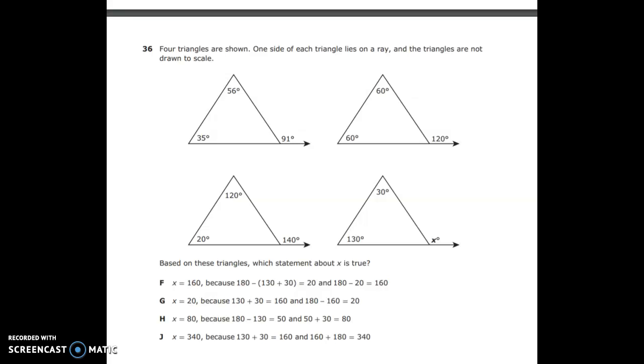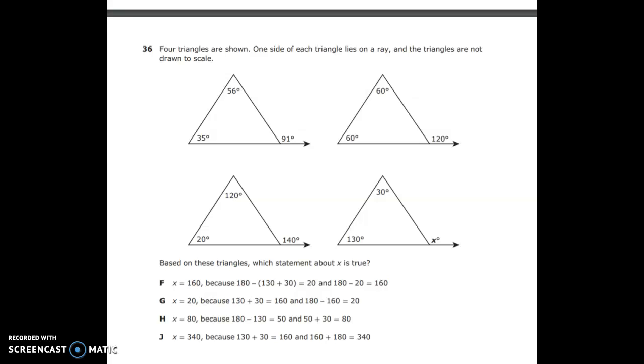Number 36. 4 triangles are shown. One side of each triangle lies on a ray, and the triangles are not drawn to scale. Based on these triangles, which statement about x is true? X equals 160 because 180 minus 30 plus 130 plus 30 equals 20, and 180 minus 20 equals 160.